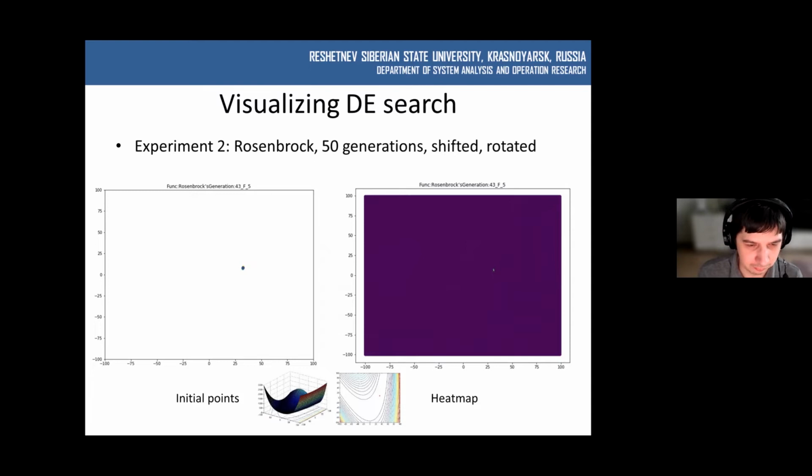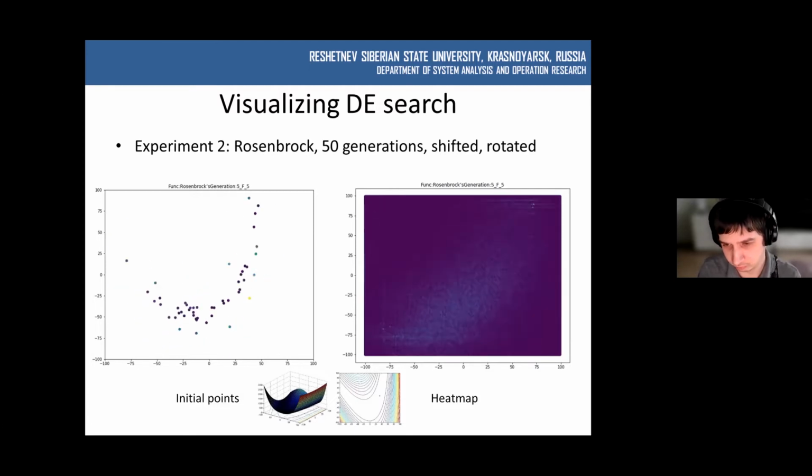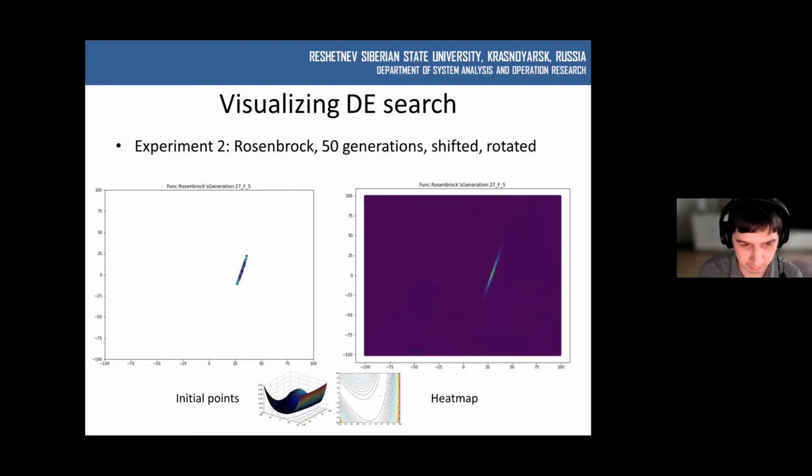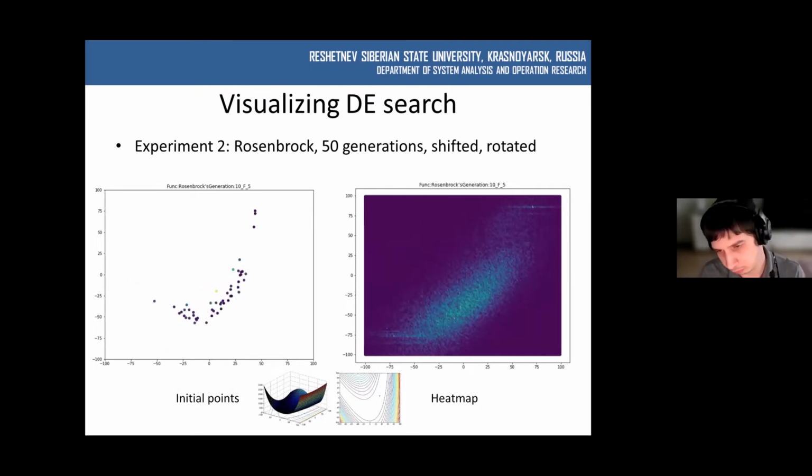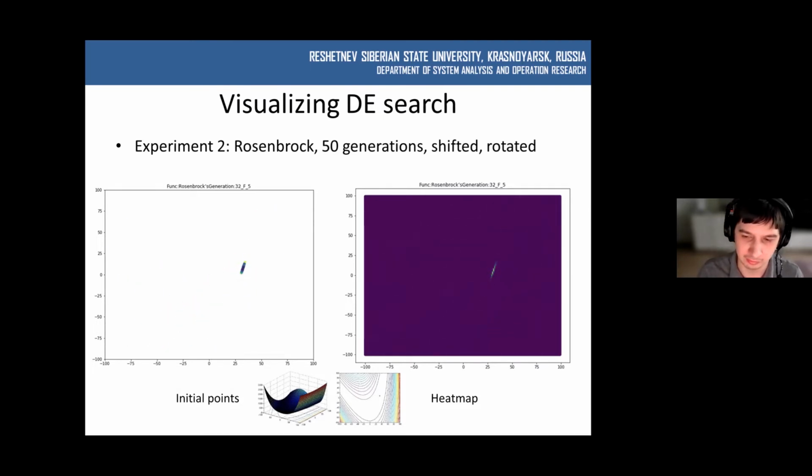Of course, in the first several generations, it just goes down inside this valley. But then the points are aligned, like in one line, maybe with some curvature, but aligned, and you can see on the right that the algorithm is searching along this line in which the points are organized.